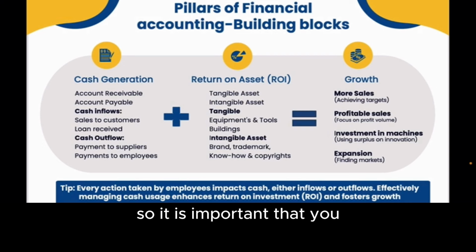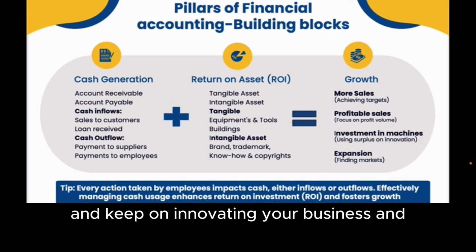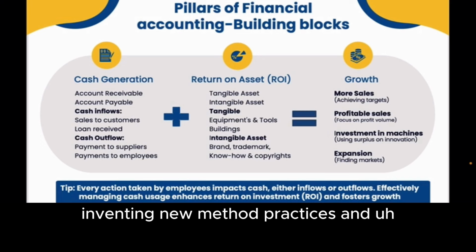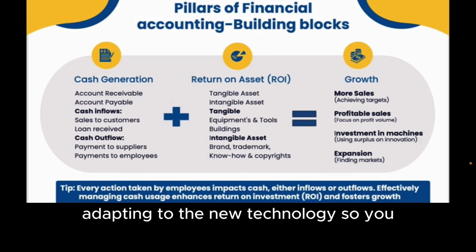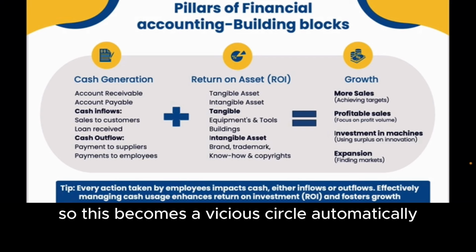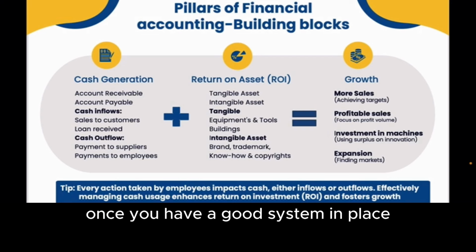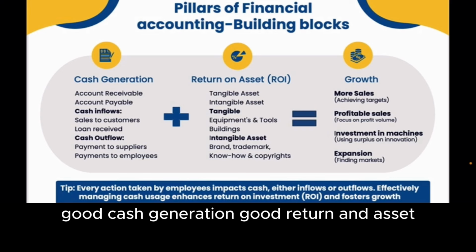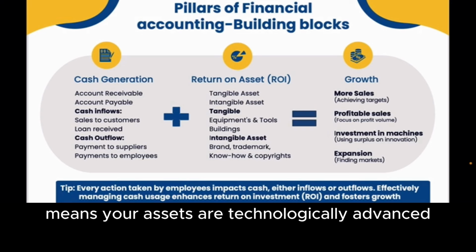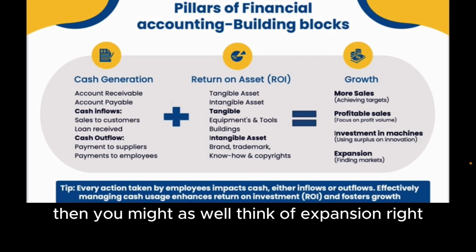So it is important that you keep flourishing and innovating your business, inventing new methods and practices and adapting to new technology, so you make more profitable sales. So this becomes a virtuous circle automatically. Once you have a good system in place, good cash generation, good return on asset, meaning your assets are technologically advanced and working well, then you might as well think of expansion, right?